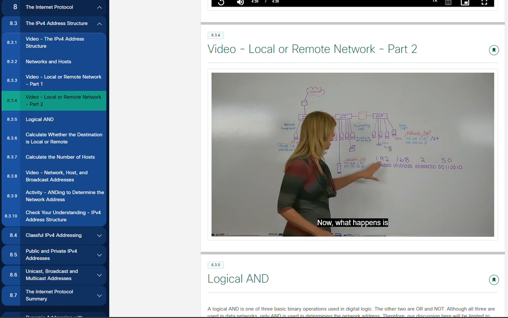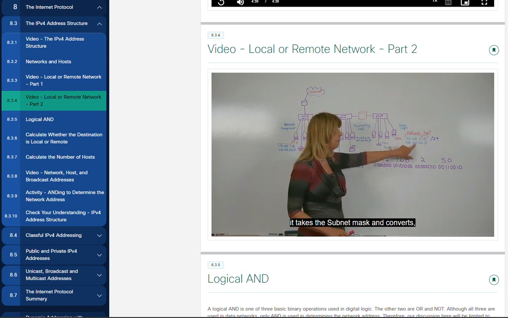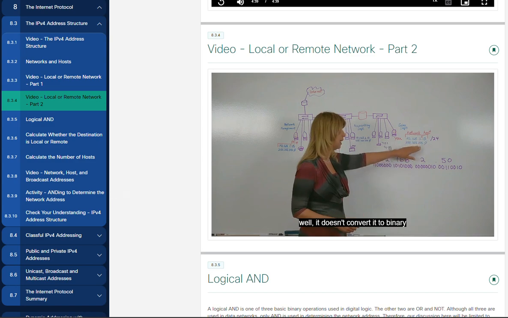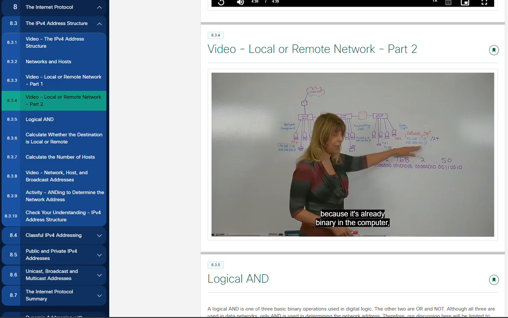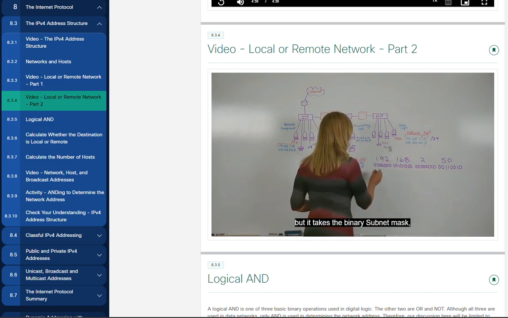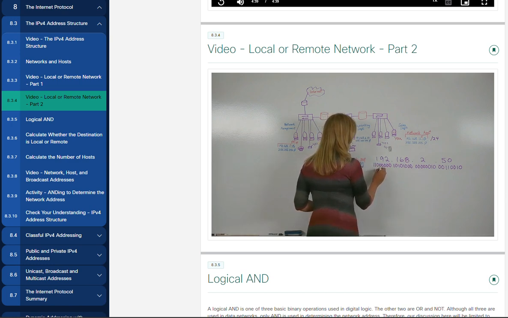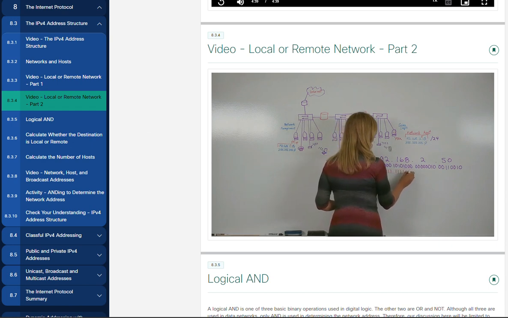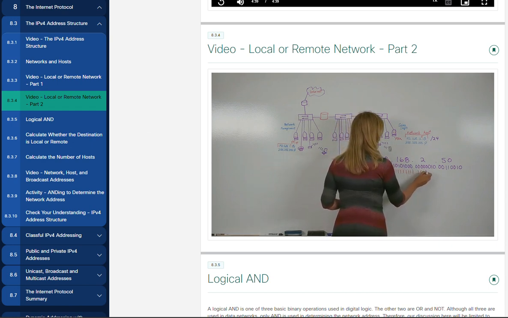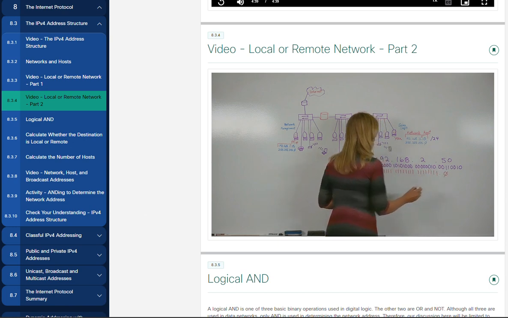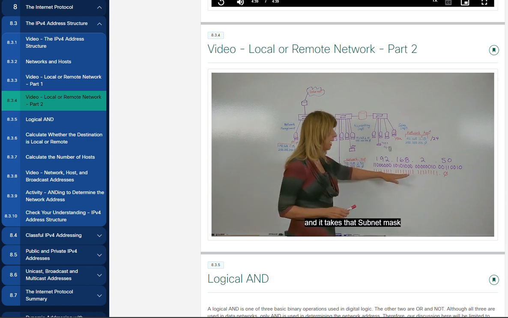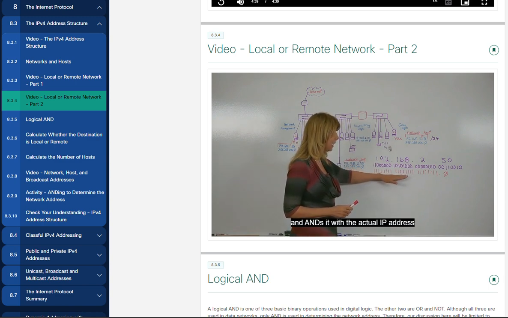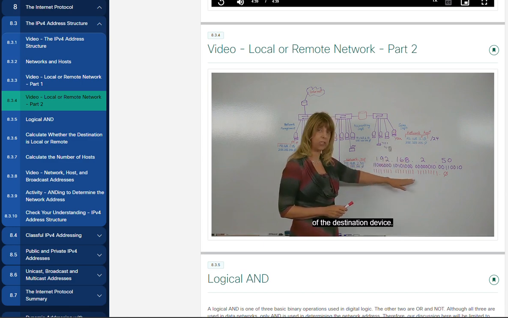Now, what happens is it takes the subnet mask, which is already binary in the computer, and it takes that subnet mask and ANDs it with the actual IP address of the destination device.